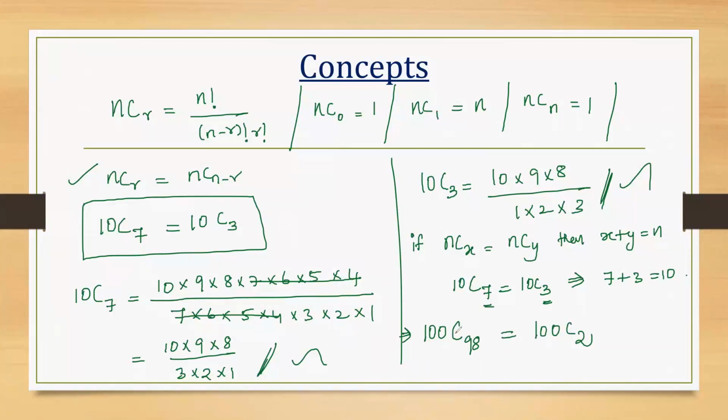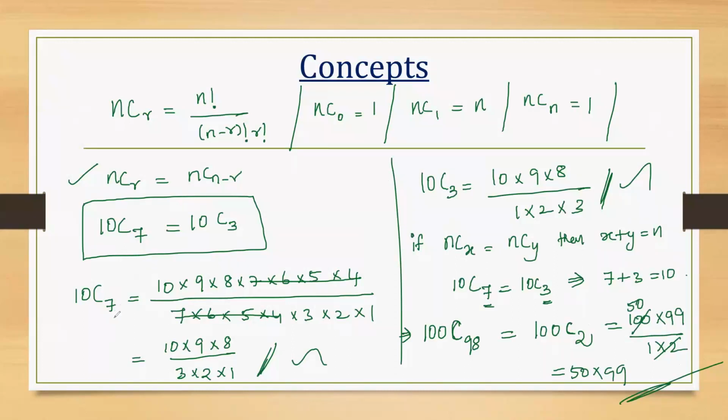Both are same. Selecting 98 items, instead of selecting 98, I can reject 2. It's very easy for finding the value. From 100, 2 numbers, that's all. Then you can easily divide it and find the value of 50 into 99. Is it clear? You can apply when r is more than half of n.